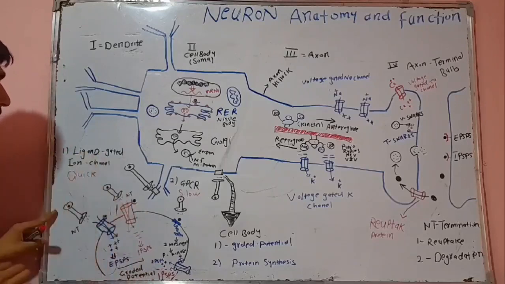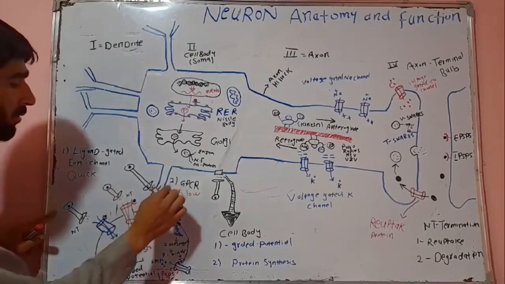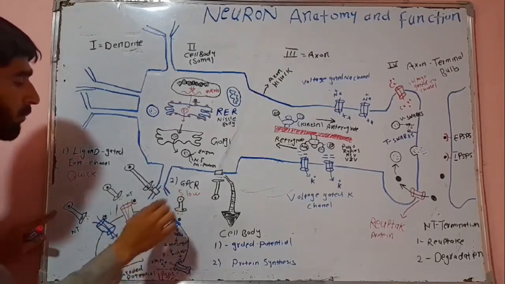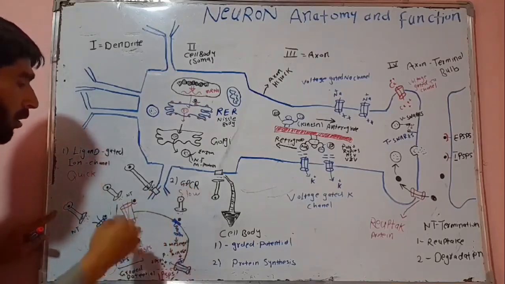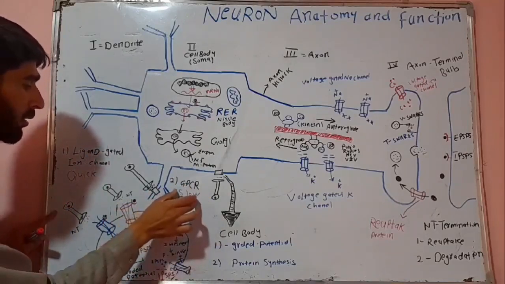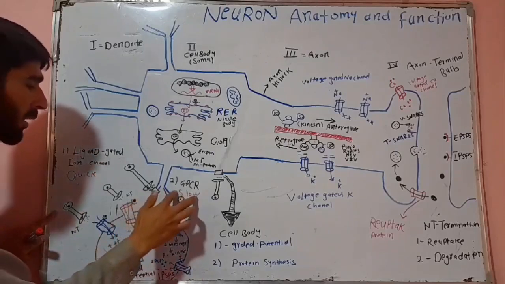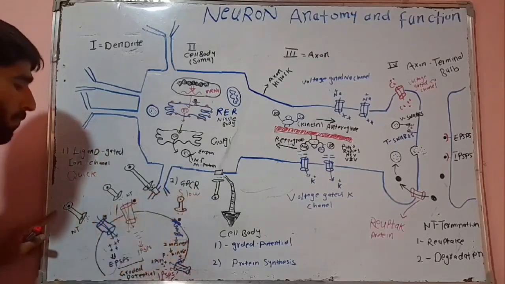There is another receptor by the name of GPCR, or G protein coupled receptor. This receptor is so slow. It will transmit the impulse slowly.